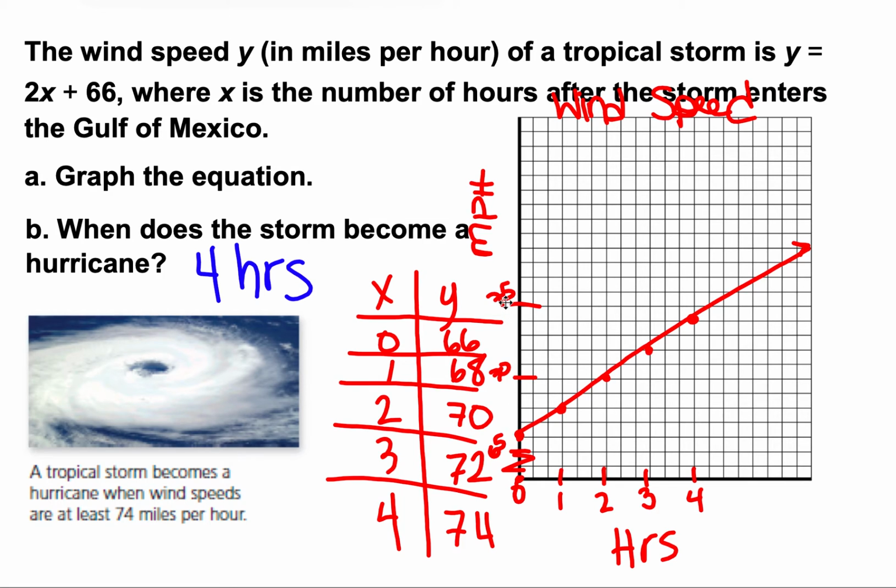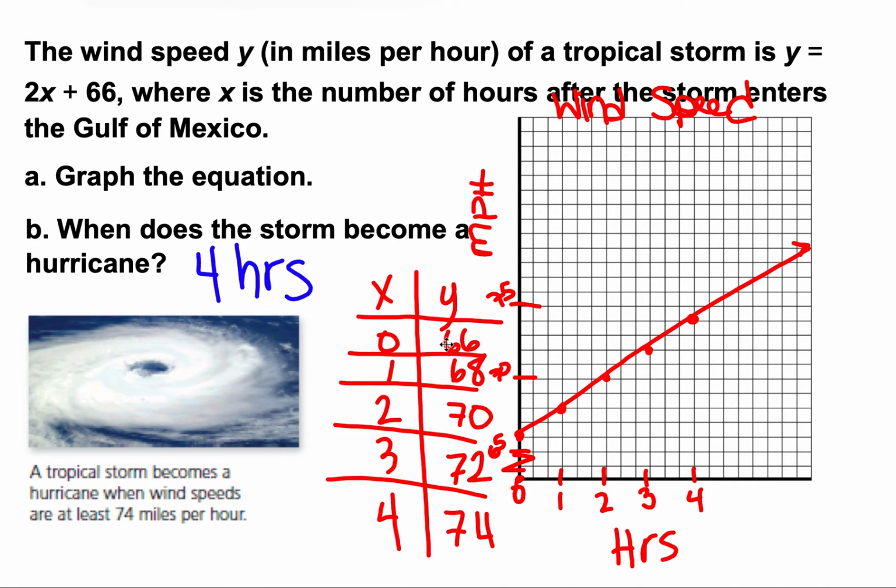I chose to number by 5s on my y-axis, and I chose to write 1s for every 3 lines on my x-axis. Make sure those intervals are equal, both in number value, here those are 1s, and space value. I went up by 3 spaces each time. Otherwise, your graphs are not going to look linear, even though they should be a line, because there's no exponents on our y and our x.